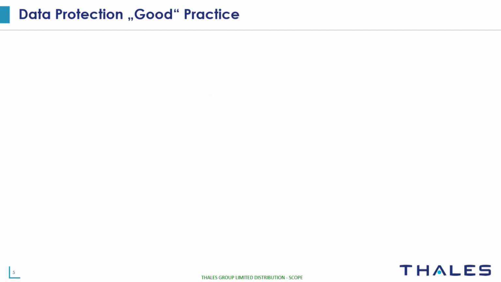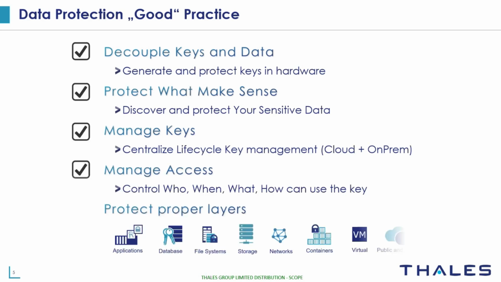Data protection good practices say, among many other pieces of advice, to encrypt data, protect what makes sense, manage the keys, and manage access to the protected data and the keys. One of the points is to protect the proper layer.